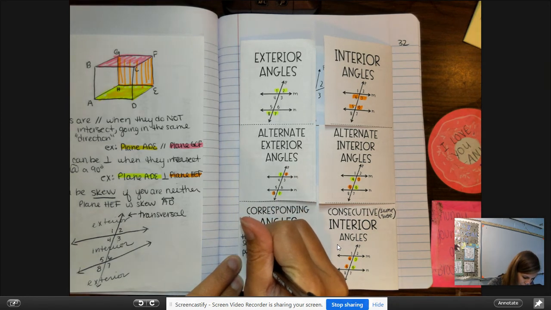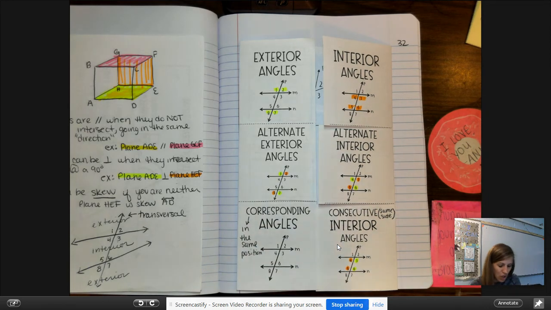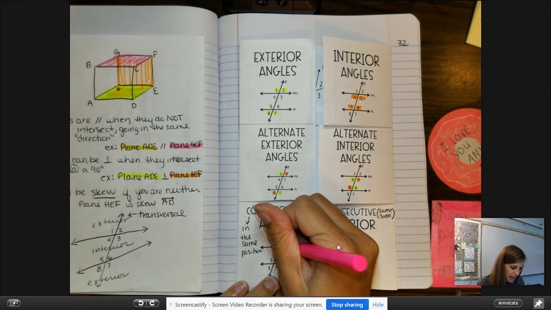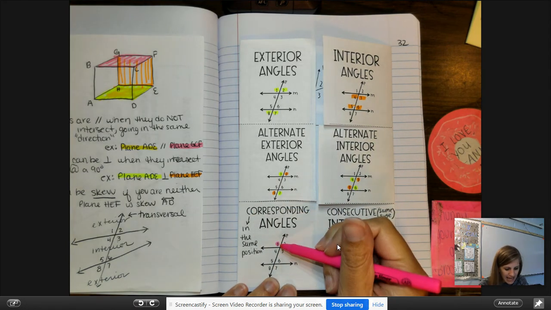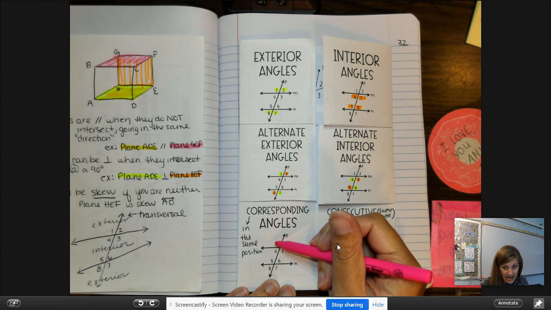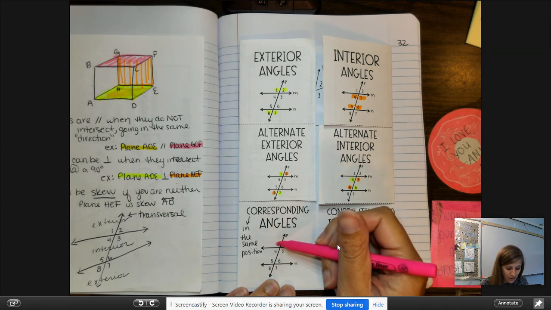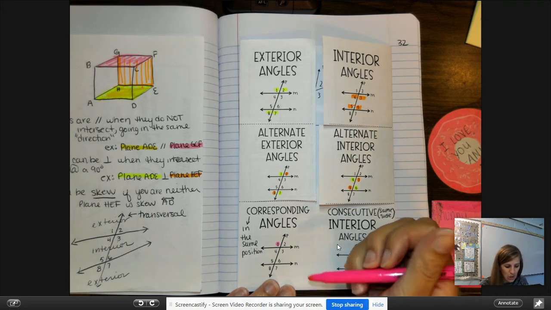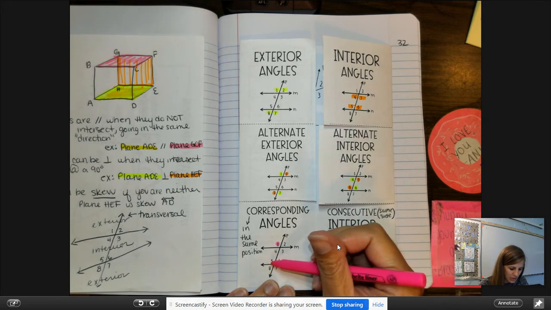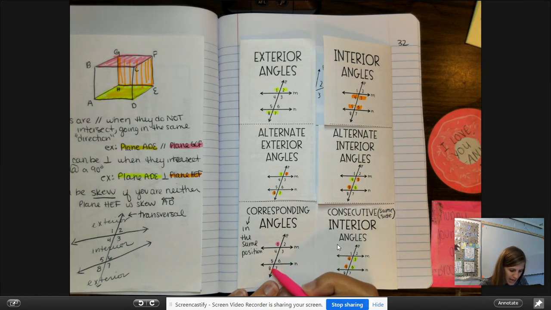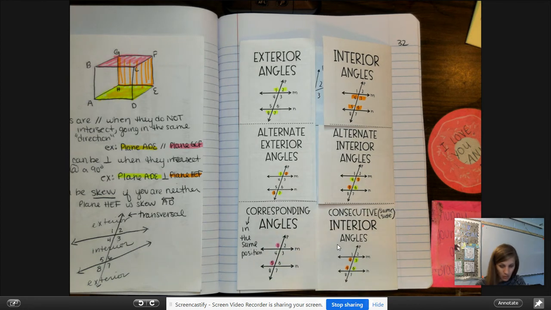So, for example, if I were to pick angle 1 at the top intersection, that is on the left side of the transversal and above line M. So down here, between the second intersection at the bottom, I need to pick one that is to the left and also above. So 1 and 5 would be a corresponding angle pair.